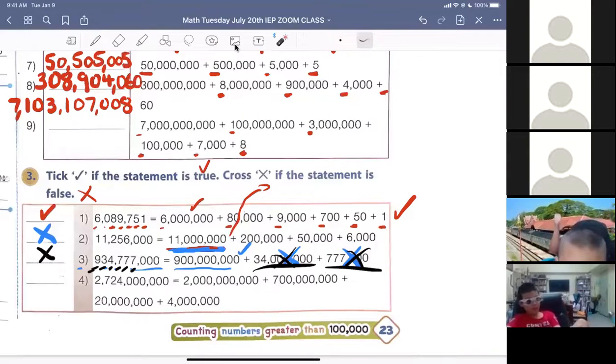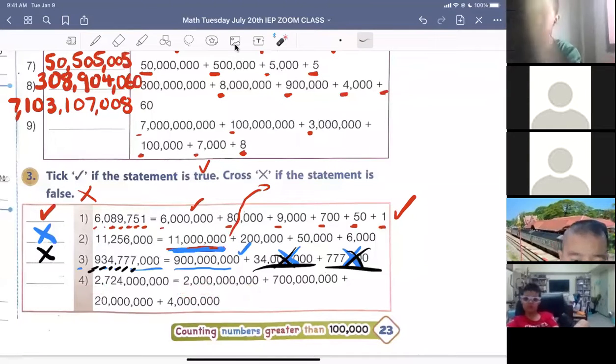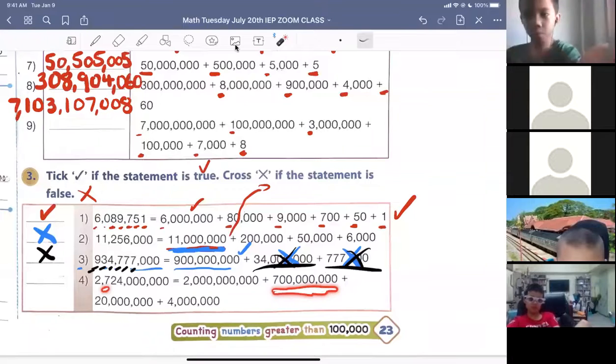All right, here we have 2,724,000,000. So 2 billion, correct. This 2, correct. 2 billion. 7 is 700 million. It's in the 100 millions. 700 million, correct.